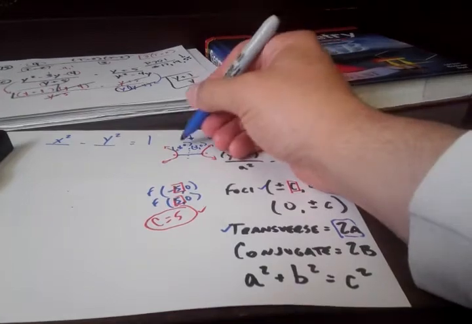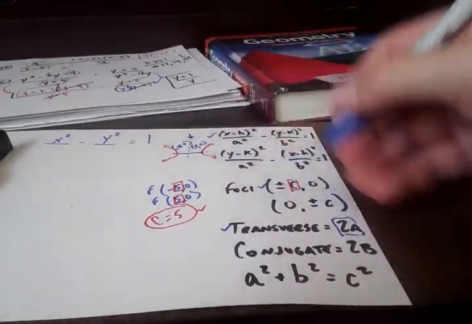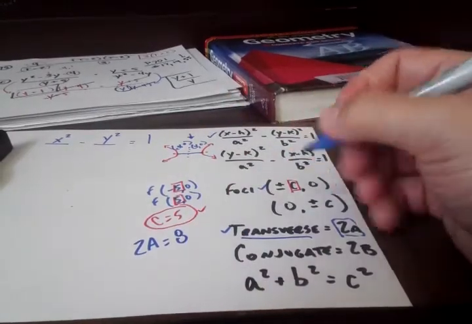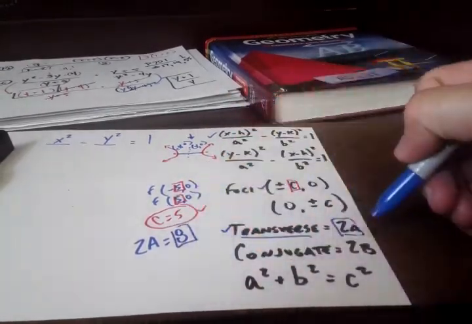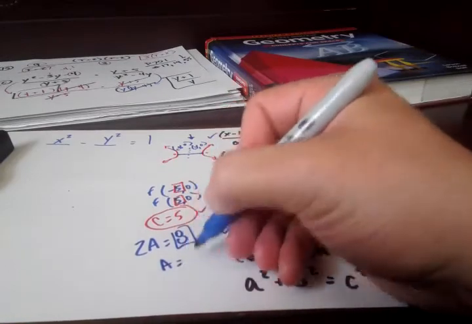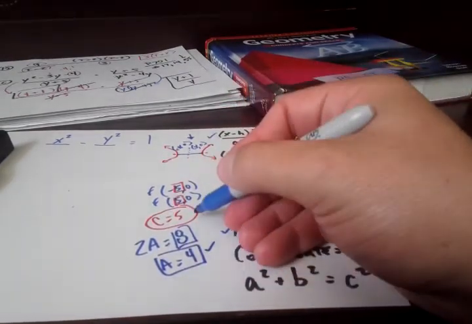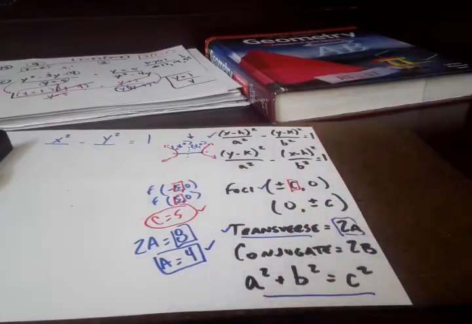So 2a is equal to 8. The transverse axis is 8, and it's equal to 2a, so obviously a equals 4.